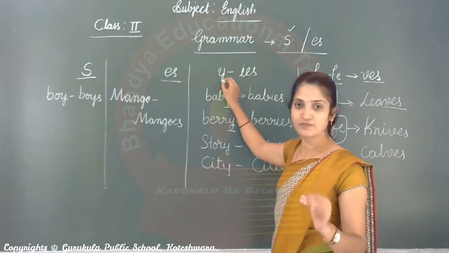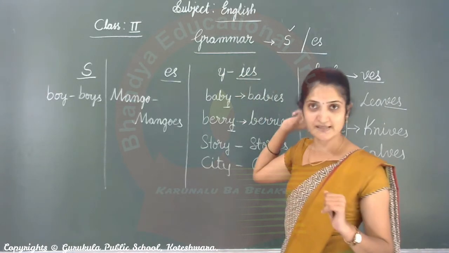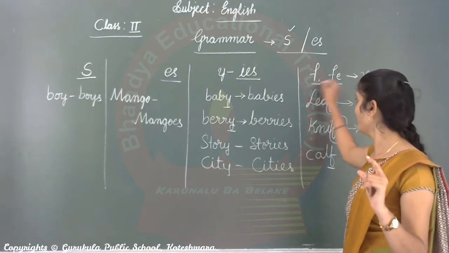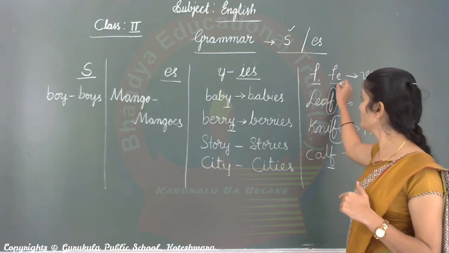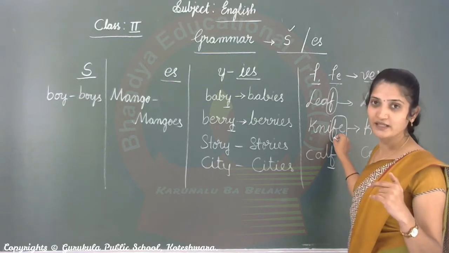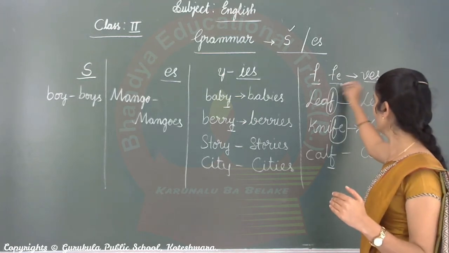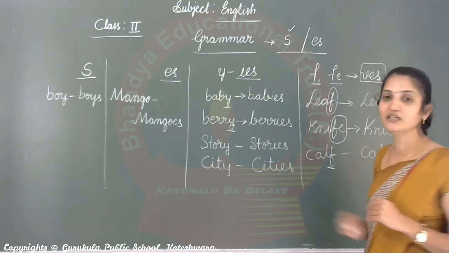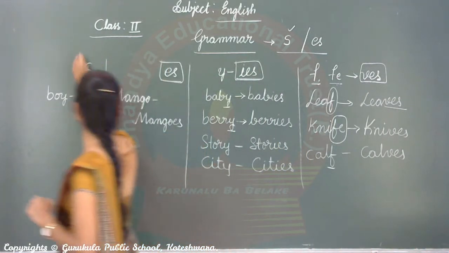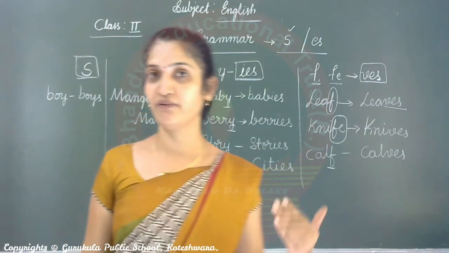And if Y comes at the end of the noun, we will add IES. Okay, that is a plural form. Then, if F or FE comes at the end of the noun, both will not come together. Like here, I gave examples. If F comes at the end of the noun or FE, it will change to plural VES. Here, IES, ES, S. This is all the one and more than one concept.